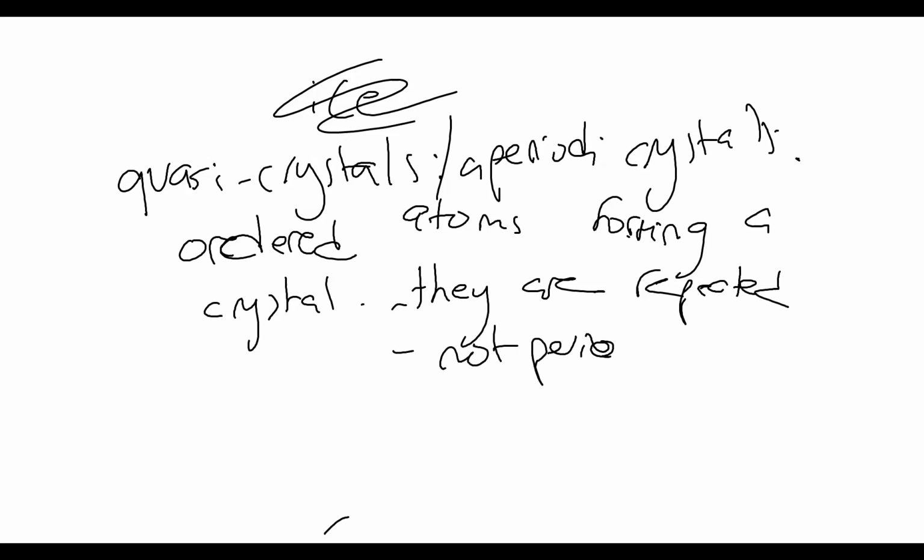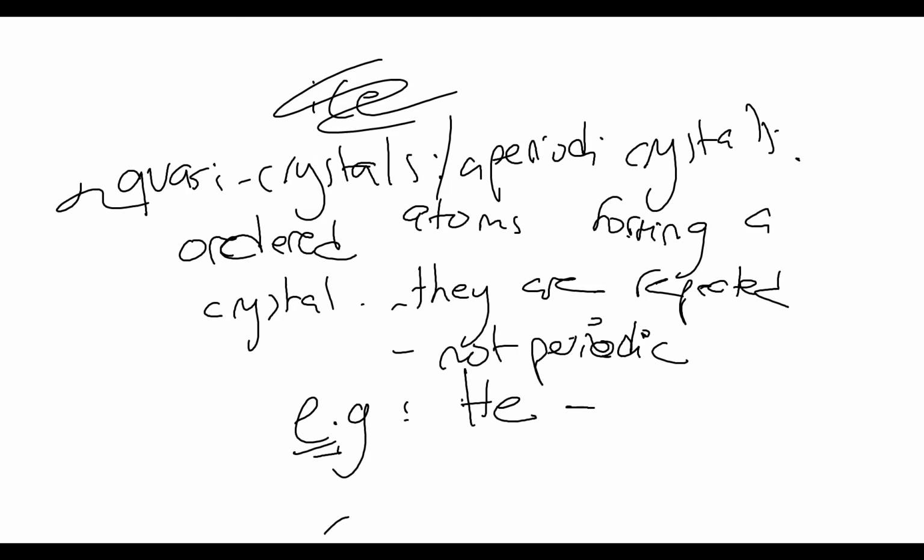So take this also as a note: quasi-crystalline. If you want an example of these, we have He crystals, Ng crystals, Zn crystals. These are naturally quasi-crystals.